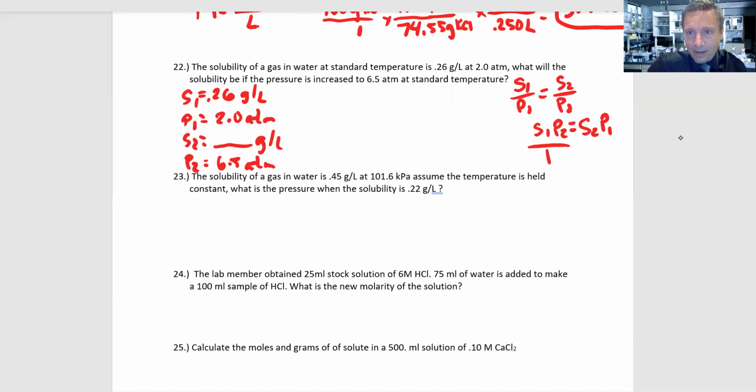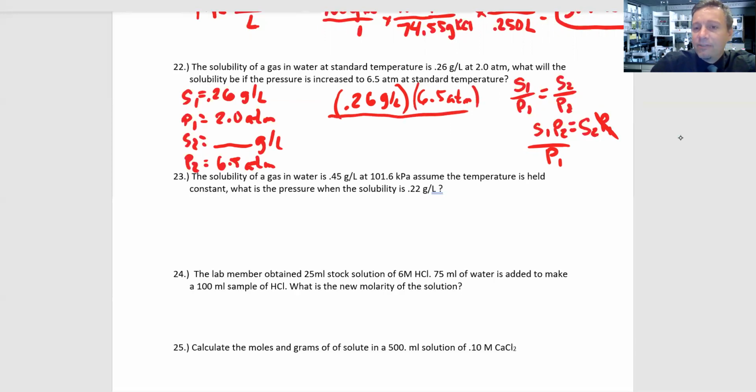So I'm going to divide by P1 and get rid of it right here. So now I have S1, 0.26 grams per liter. And I have P2, which is 6.5 atmospheres. And I'm going to divide that by P1, which is 2 atmospheres.